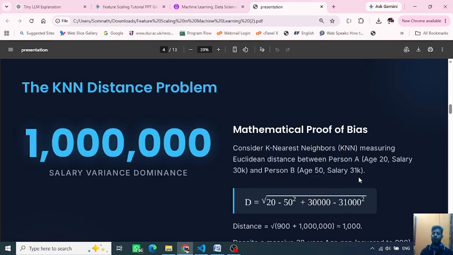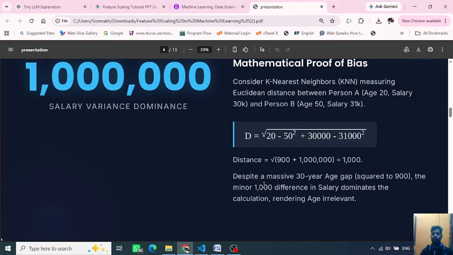If we find the distance between person A and person B, it will give 1000. But here you can see the age difference between 20 and 50 is a huge age gap, right? Around 30 years.